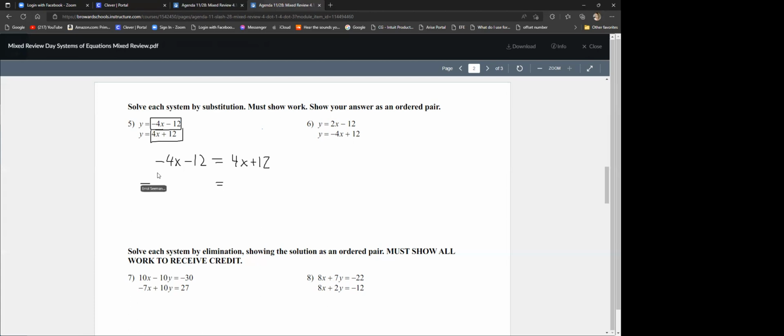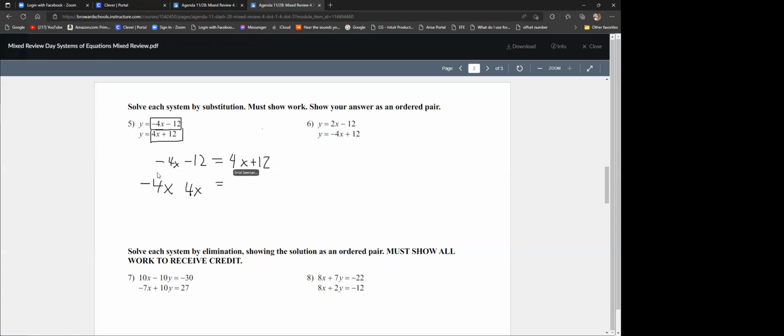Negative 4x, which is this one. Now, what about this one? Is it going to be minus 4x or is it going to be plus here? Plus. 4x here and 4x here.